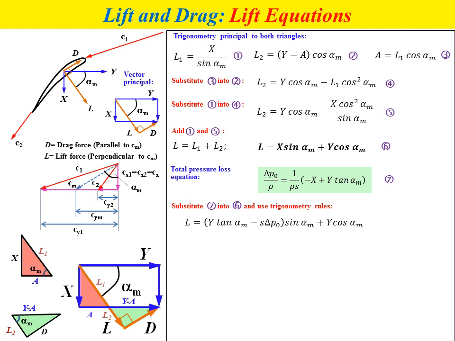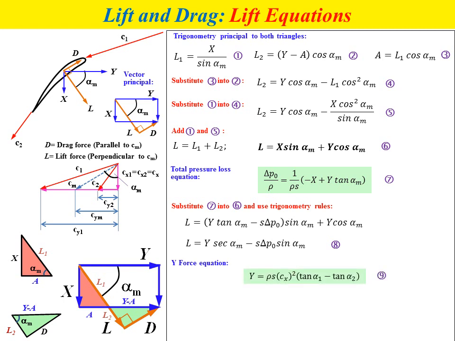L equal to bracket y tangent alpha m minus s delta p naught multiplied by sine alpha m plus y cos alpha m. Apply the trigonometry rules, so you will get L equal to y secant alpha m minus s delta p naught sine alpha m, which is referred to as equation number 8.